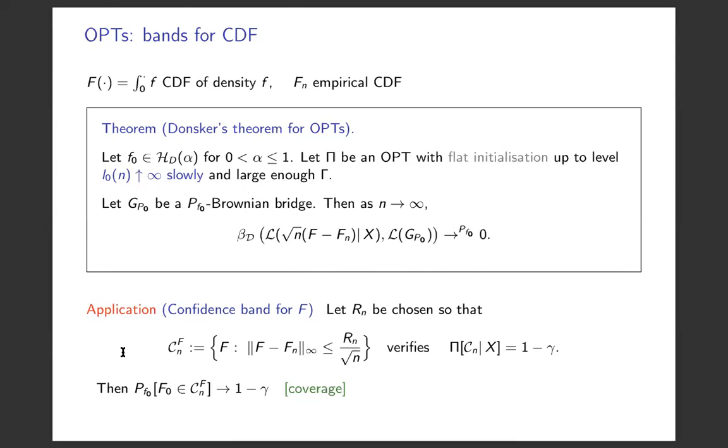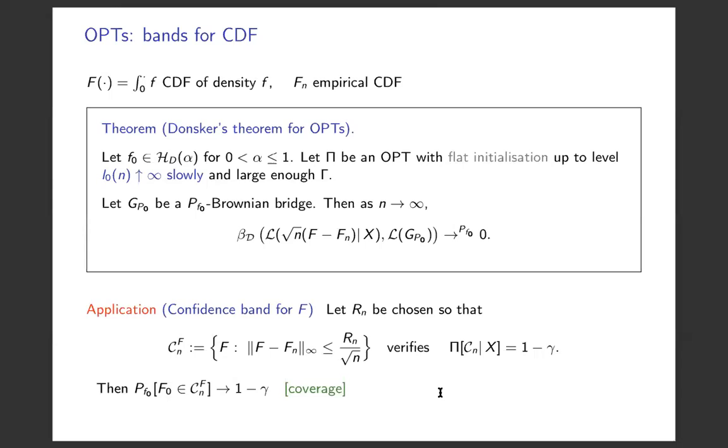So you get a frequentist justification of this band, and you can also show that it has the optimal radius in a certain efficient sense. Now let me talk about a slightly different subject. We have talked quite a bit about the supremum-norm, because we wanted to get results about uncertainty quantification, about bands.